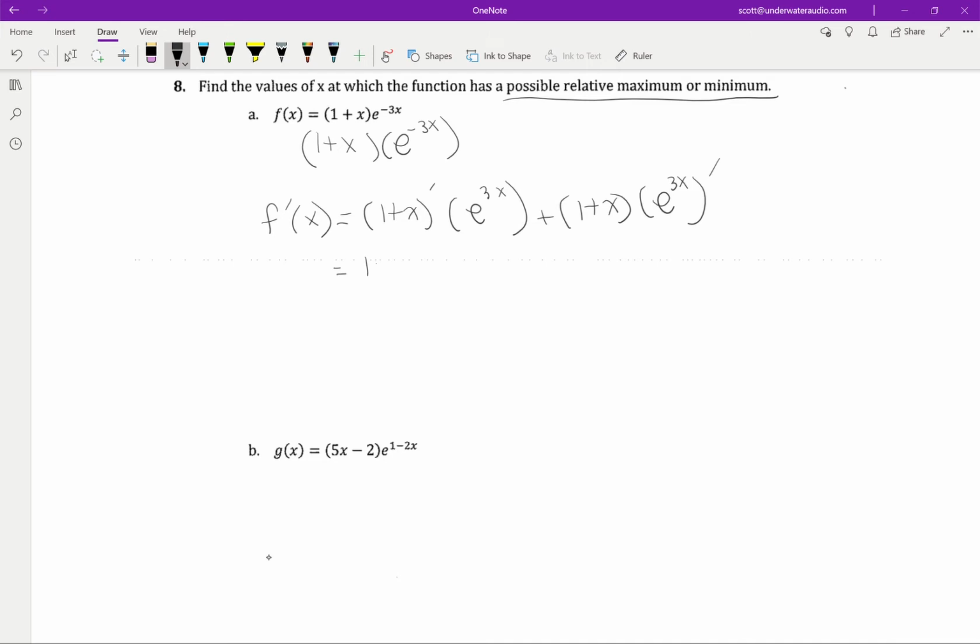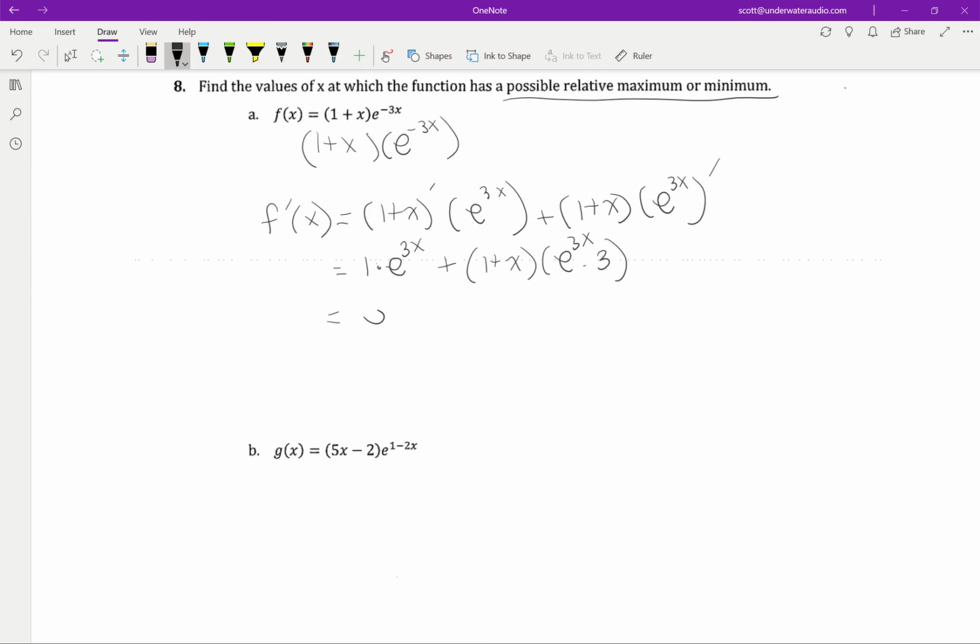So 1 times e to the 3x, or just e to the 3x would have worked. And then plus 1 plus x times the derivative of e to the 3x, which is e to the 3x, times the derivative of 3x, which is just 3.